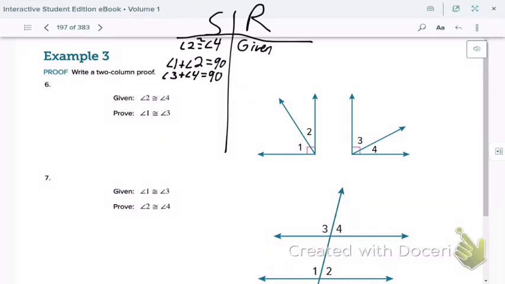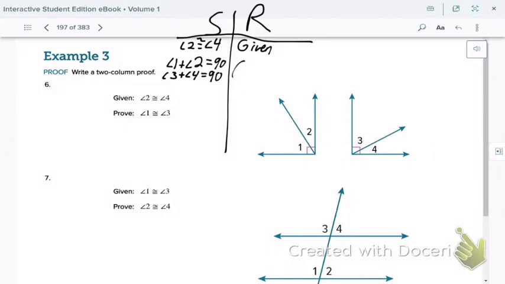Yes, PJ? So is the idea then that the angle isn't stated to be 90? Yeah, it is. This is the complement theorem.